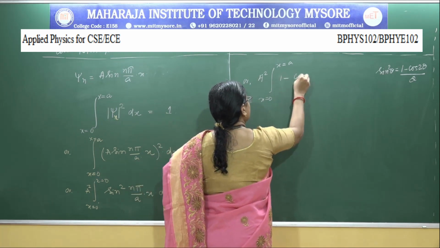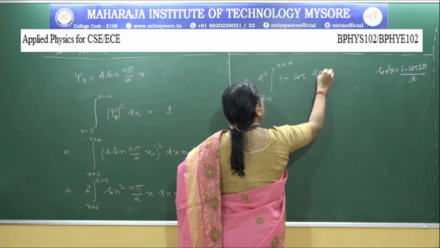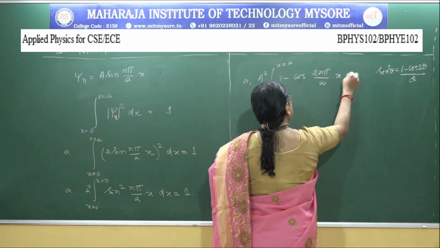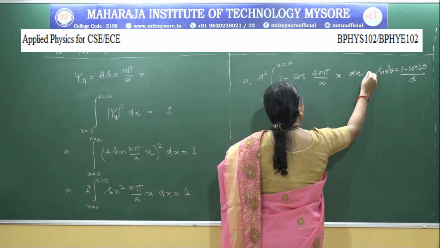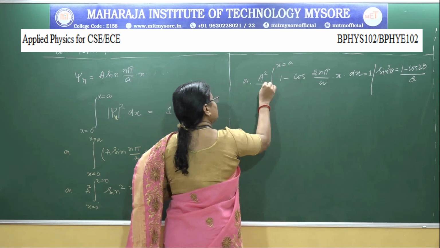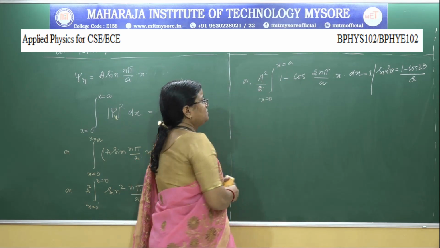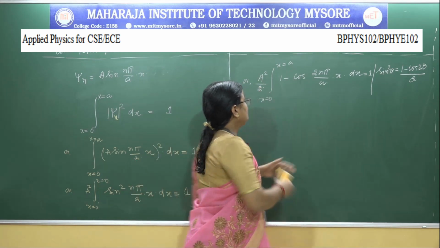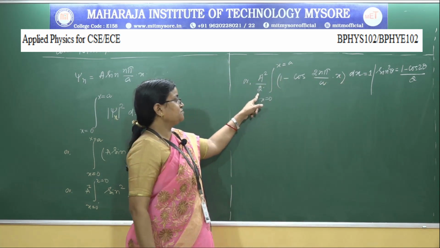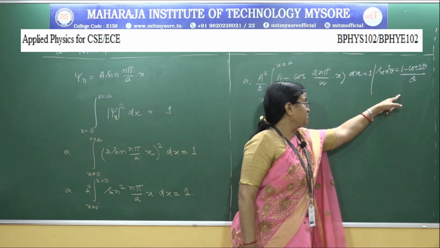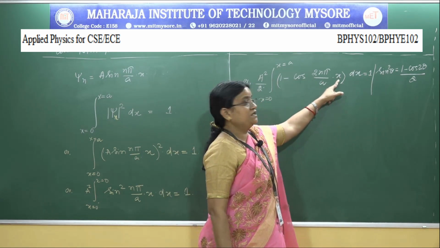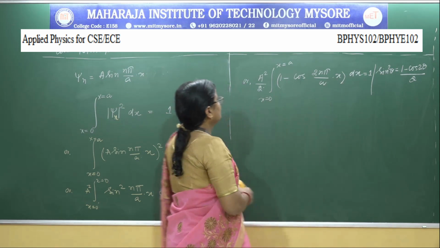One minus cos of 2 n pi by a into x dx, it will be equal to 1, and we have to divide the whole value by 2. 1 minus cos 2 theta by 2, so it is 1 minus cos 2 n pi by a into x.